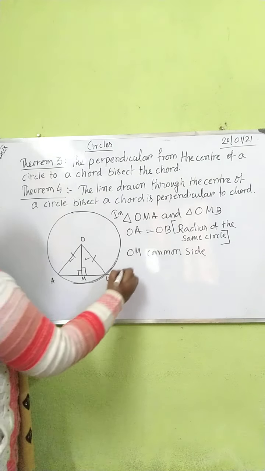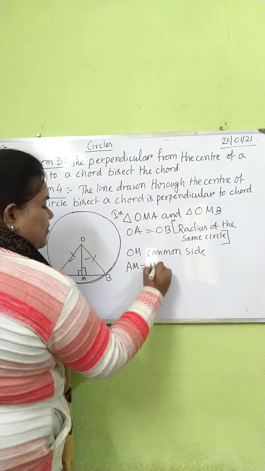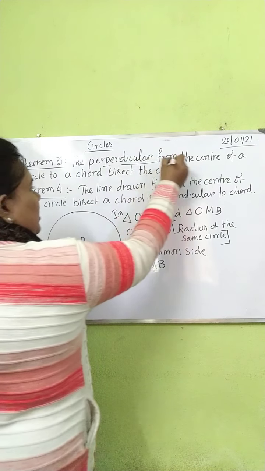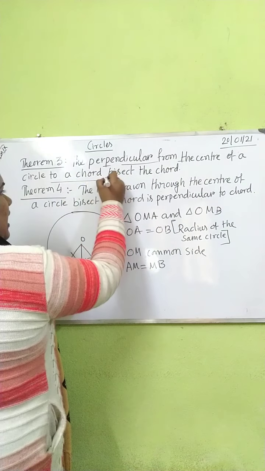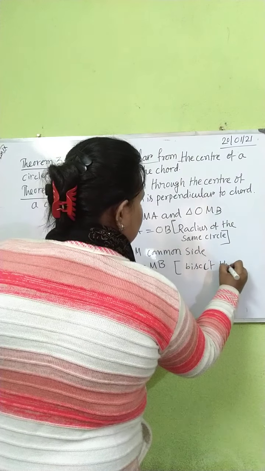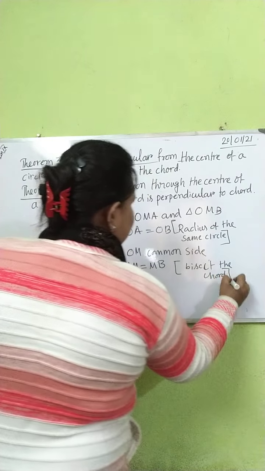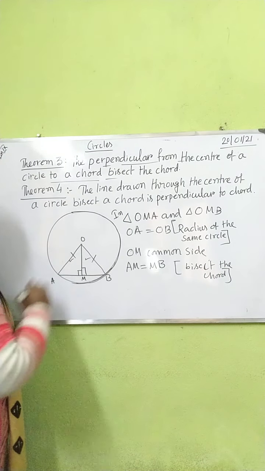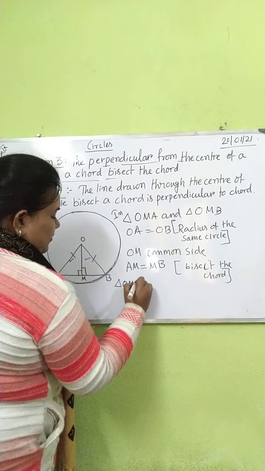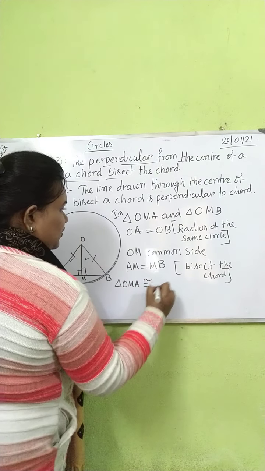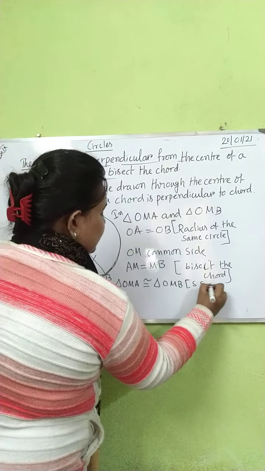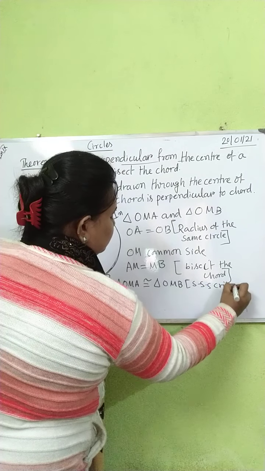And next line we can write AM equals MB because a perpendicular drawn from the center of a circle bisects the chord. That means AM and MB will be equal. So from here we can write triangle OMA is congruent to triangle OMB by SSS criterion.